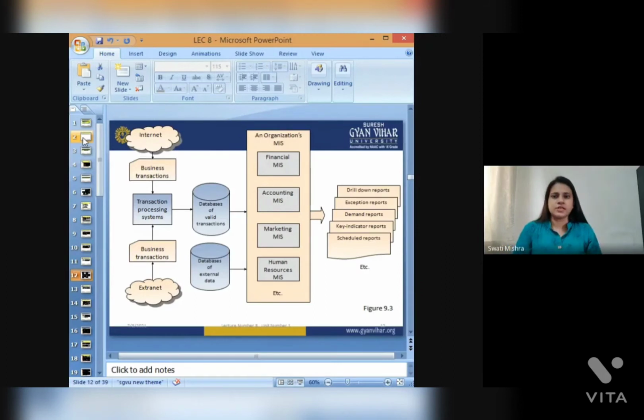So the business transactions that are occurring are entering the information into the database of valid transactions, and the database of external data is also entering the information. It goes into the MIS and the relevant information is segregated into the MIS of each of the department's database, and from there the processing actually takes place, wherein the data is analyzed and customized reports are generated from the organization's MIS.